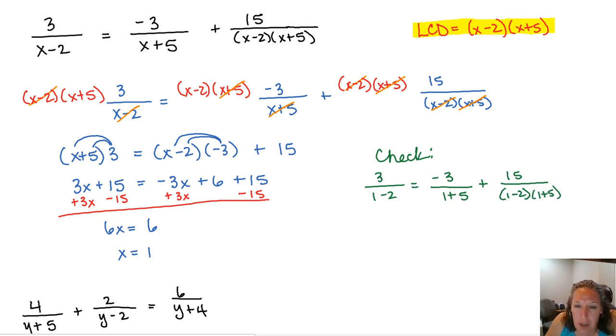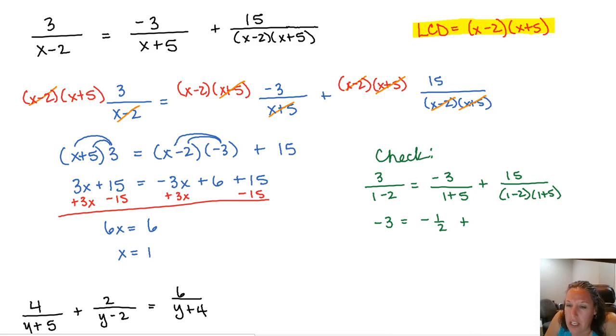On the left-hand side, we're going to get 3 over 1 minus 2. That's going to be a negative 1 in the denominator. So 3 divided by a negative 1 is a negative 3 on the left. On the right-hand side, we're going to get 1 plus 5, or 6 in the denominator. So negative 3 divided by 6 is negative 1/2.